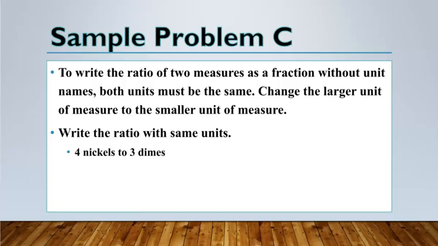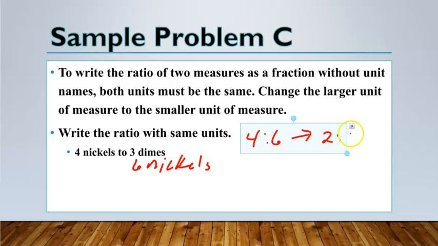Well, 2 nickels equals 1 dime, so that means this is 6 nickels, because I just did 2 times 3. Now I can compare, this would be 4 to 6, which reduced would be 2 to 3. And as a fraction, it would be 2/3.